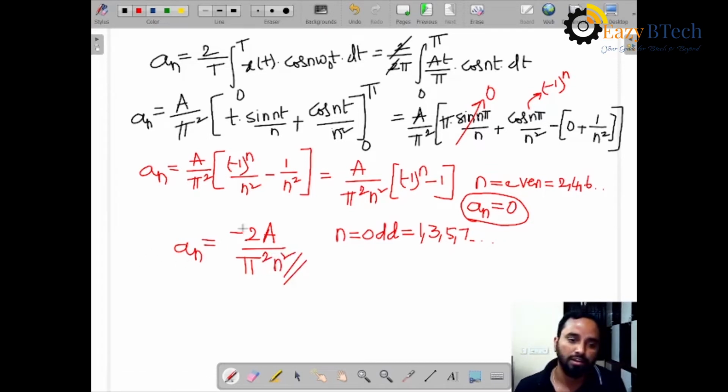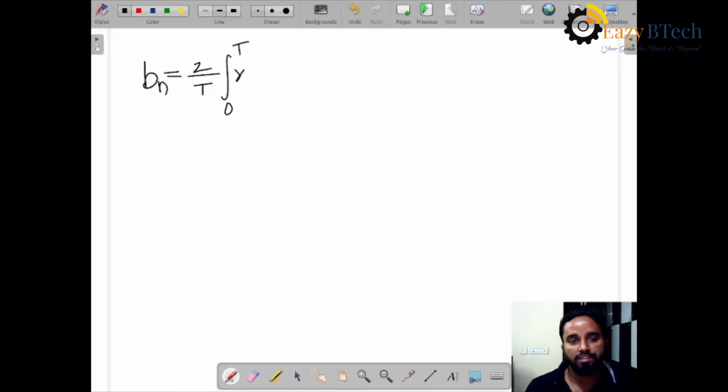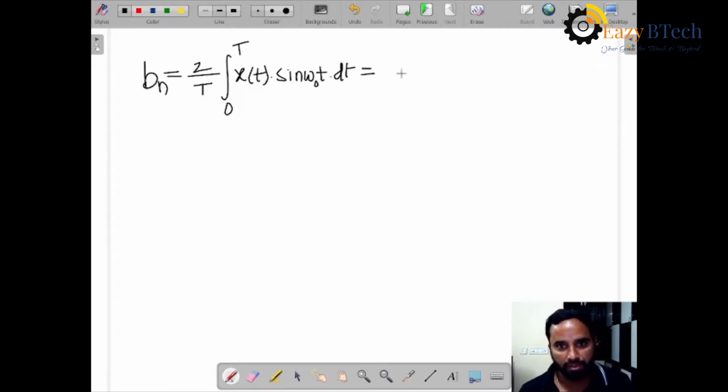I think that is clear. Now b_n, let's go to b_n in the same way. What is the formula for b_n? 2 by T integral 0 to T x of t sin n omega naught t dt.